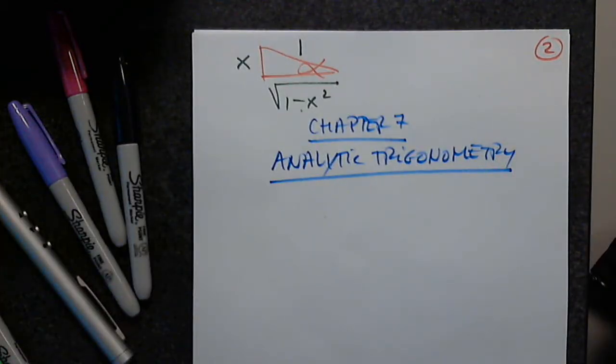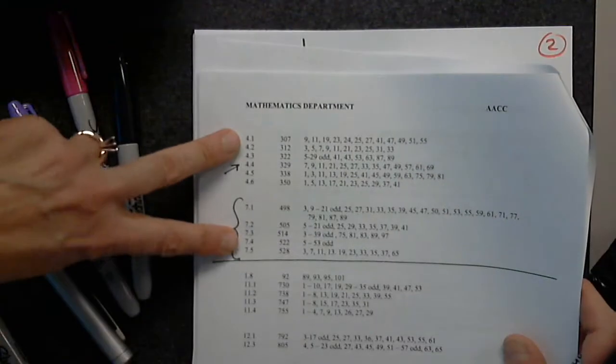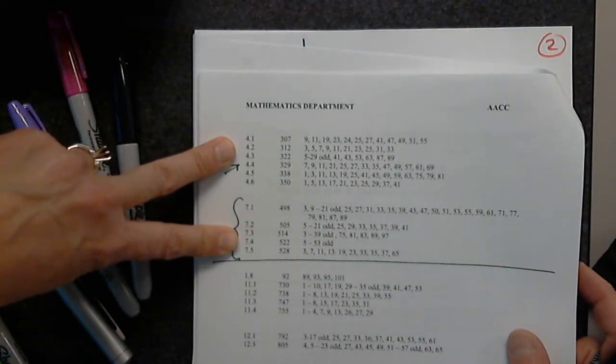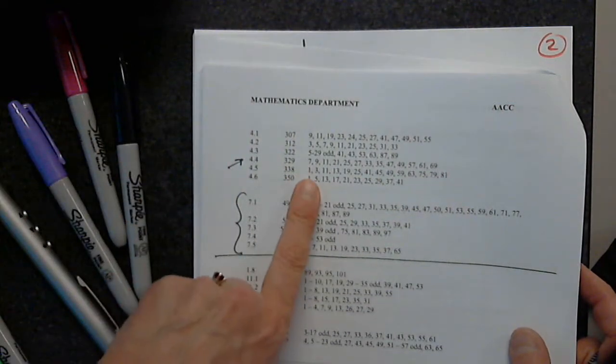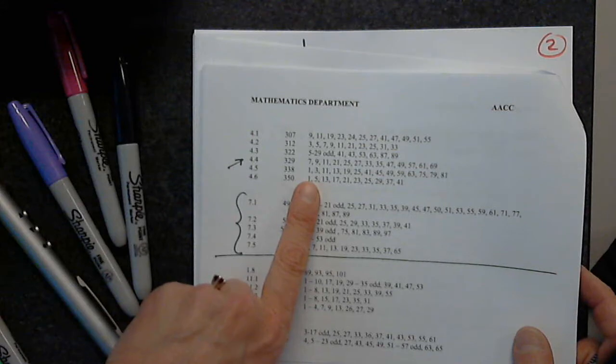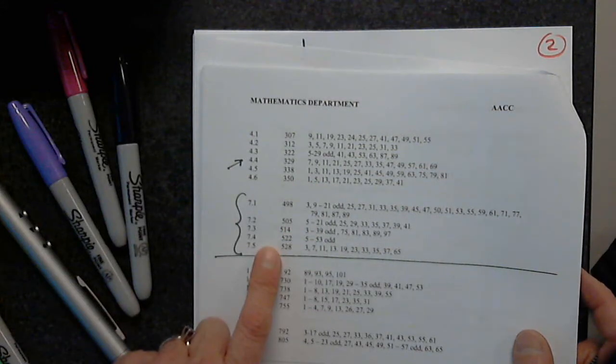Yes, go ahead. I'm just asking a question. So why are we going to chapter 7 before chapter 4? Only because we've covered trigonometry already, so I want to finish trig. 7 is the last chapter for trig. These are not connected in any shape or form. This deals with logarithmic and exponential functions, and this deals with trig.